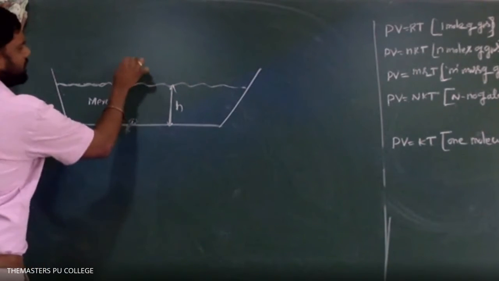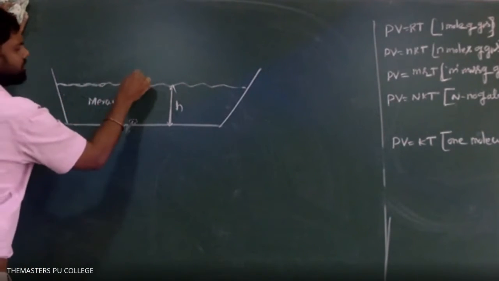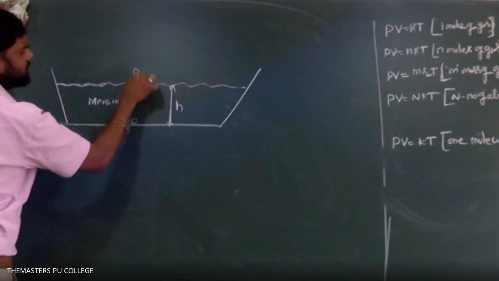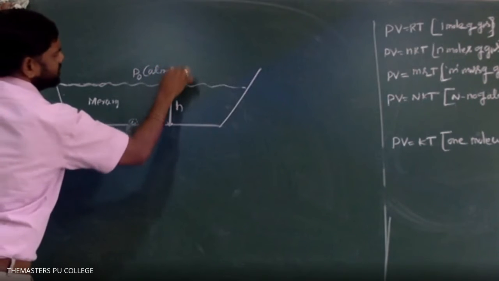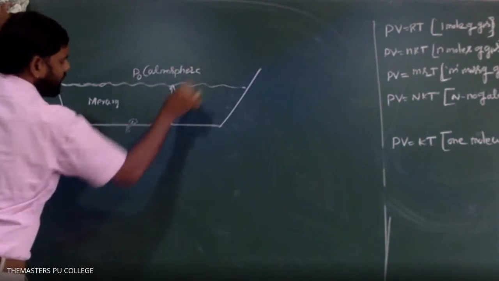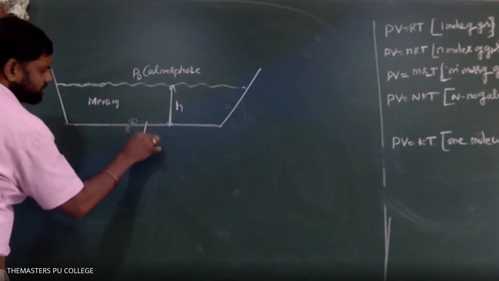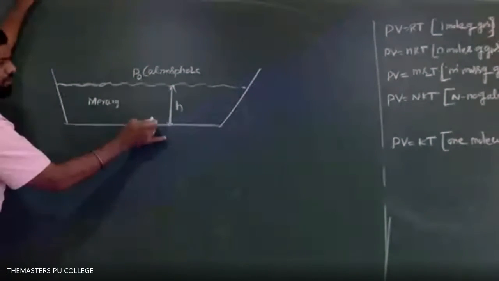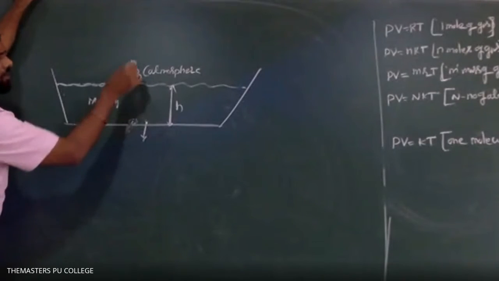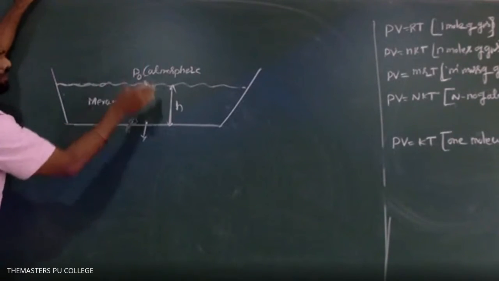Above the mercury, the atmosphere is there. So here the pressure is due to the atmosphere. And at the bottom, the pressure is due to the mercury column above this point and the pressure due to the atmosphere above the mercury column.